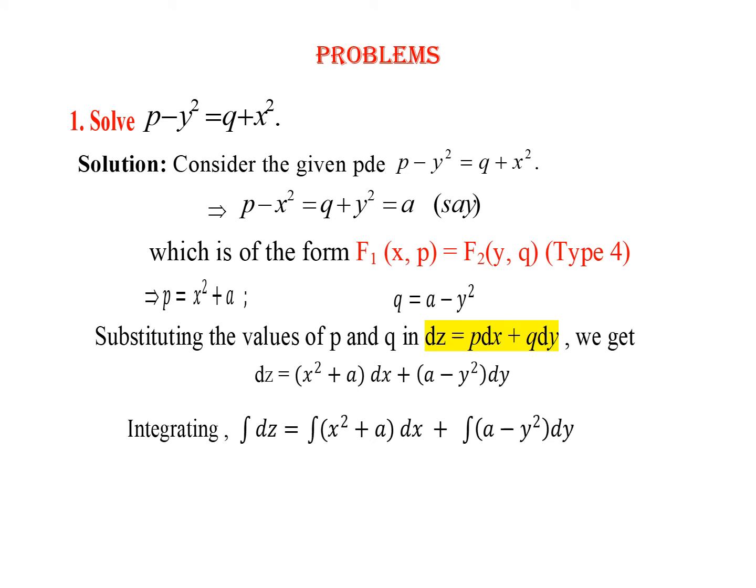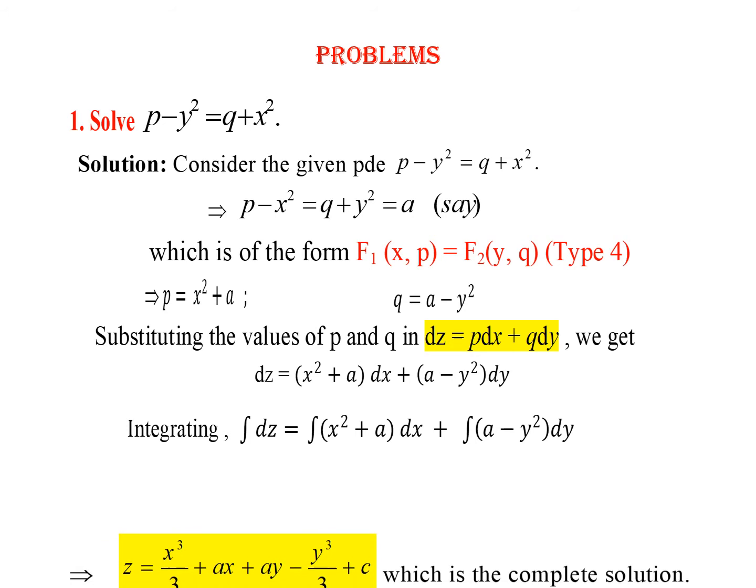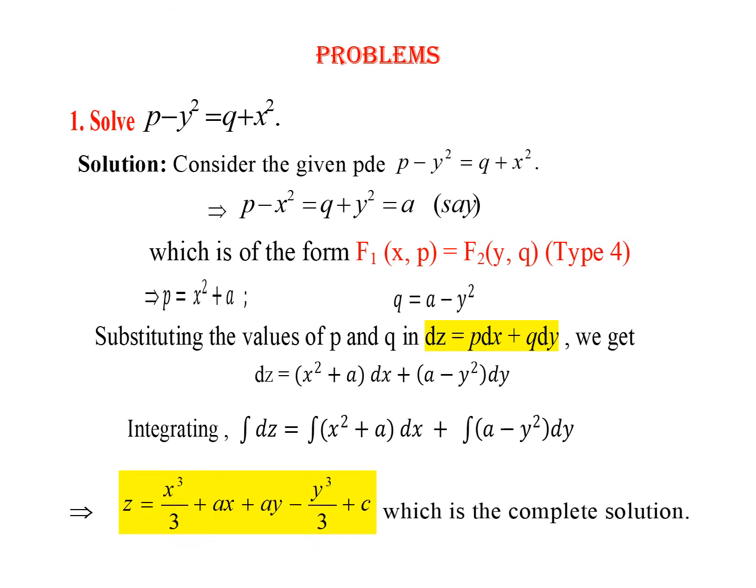When we integrate this equation, we have integral dz equal to integral of the right side. Now it's a simple polynomial, x squared, a minus y squared, everything. So with just direct integration, we will get z equal to, when we integrate x squared, x cubed by 3, plus a, when we integrate we get ax.